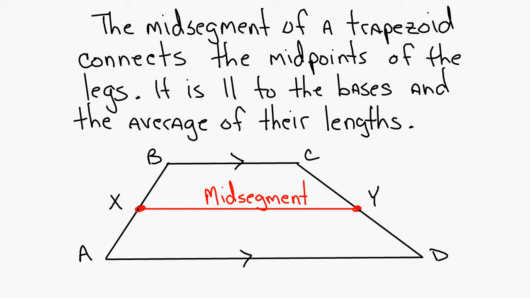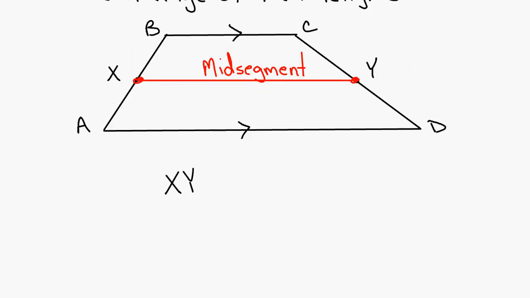So mathematically, the length of XY is going to be equal to one of the bases, which is BC, plus the other base, AD, divided by 2, because this mid segment is the average length of the two bases.